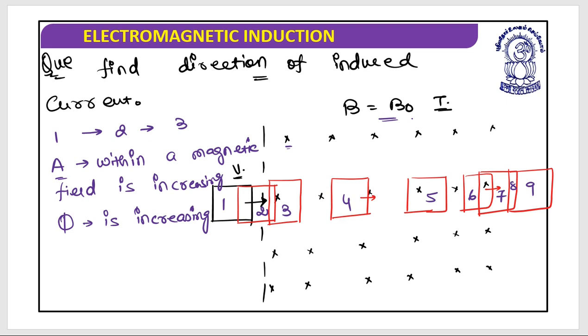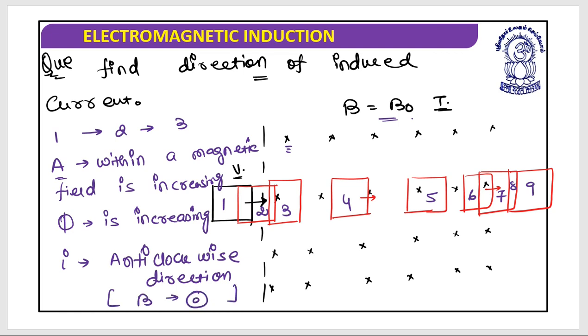As the flux is increasing, you need to do something so that you can reduce it. So the current in the first, second and third situations is in the anti-clockwise direction. Why anti-clockwise? Because due to this, the magnetic field will be outside the plane of the paper. I hope this is clear.